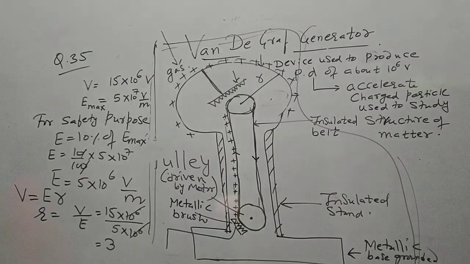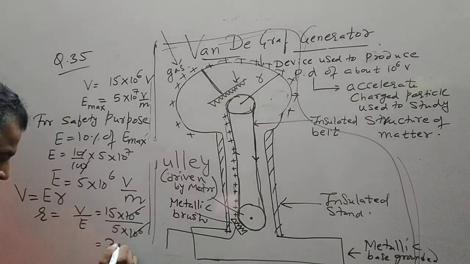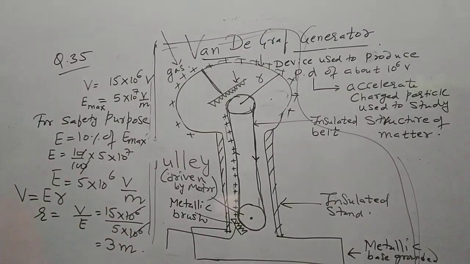If I take for safety purpose the value of electric field intensity to be 5 into 10 raised to 6, then it comes out to be 15 divided by 5, which is 3 meter. So this much radius, the minimum radius, is required to create a potential of 15 into 10 raised to 6 volt.